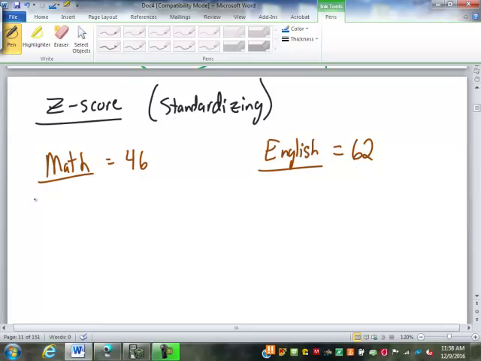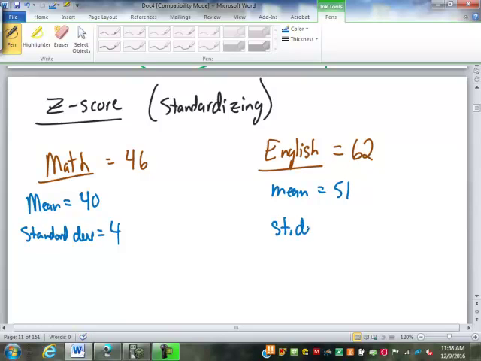But what if I told you that the mean score for the math was 40 with a standard deviation of 4, and the mean score on the English was 51 with a standard deviation of 8.